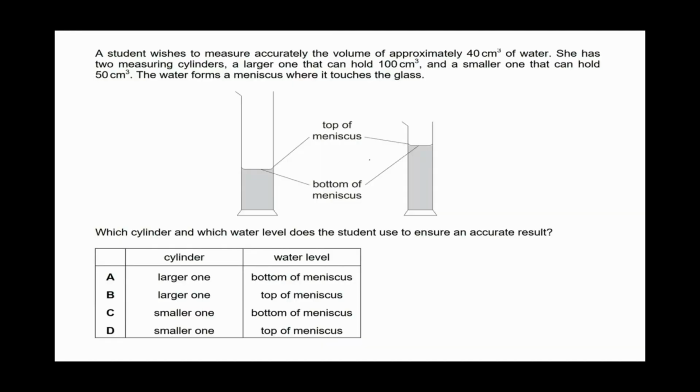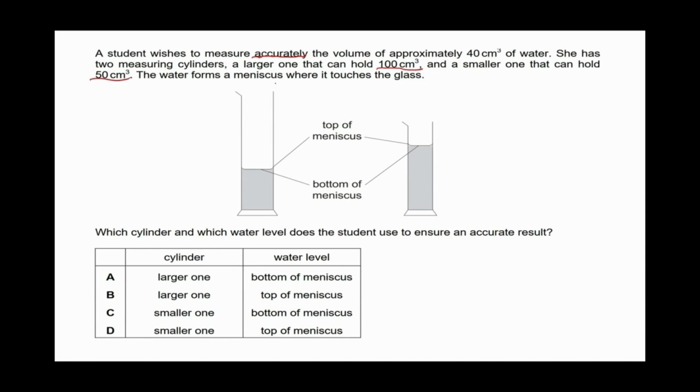Here we have the first question, which is about measurement. A student wishes to measure accurately the volume of approximately 40 cubic centimeter of water. She has two measuring cylinders, a larger one that can hold 100 cubic centimeter and a smaller one that can hold only 50.